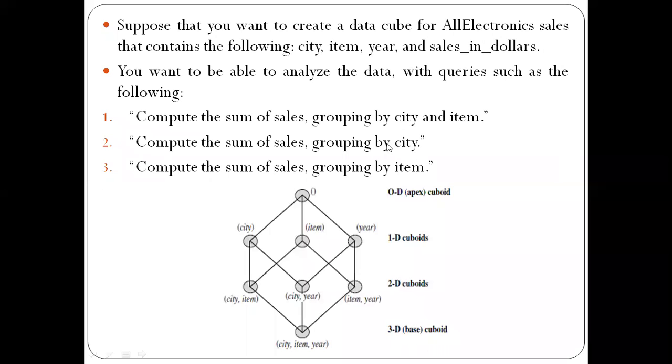Suppose in a SQL statement you don't have any dimension specified, then that operation is called a zero dimensional operation. Suppose an operation contains a group by with respect to one dimension, such an operation is called a one dimensional operation.